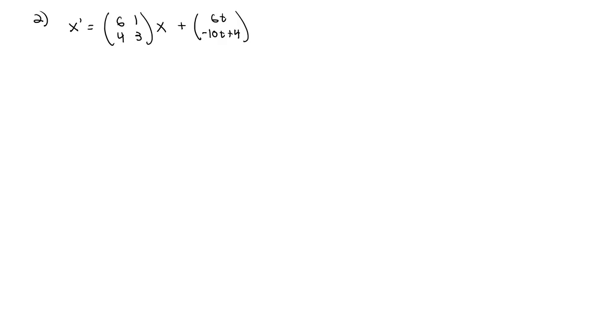Which, by the way, that last vector could have been written as 6, -10 times t plus 0, 4. You could see it either direction. Sometimes we see it term-wise organized by a similar coefficient. Either way, the process, the idea is still the same.